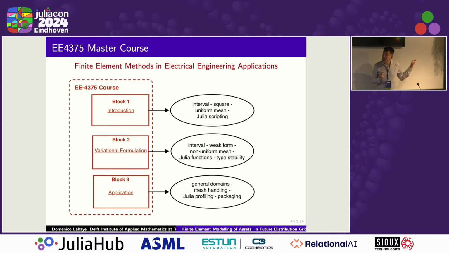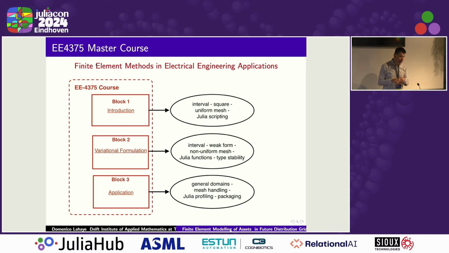So this is maybe the most important slide of the talk. What I show here is the structure of the course that I teach using Julia with the design problem as motivation. The course has now 3 blocks. Block 1 of introduction, where I do 1D and 2D models in a simplified setting.